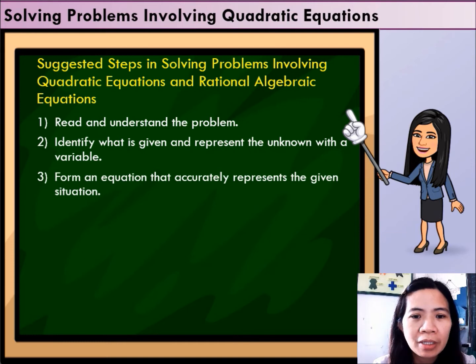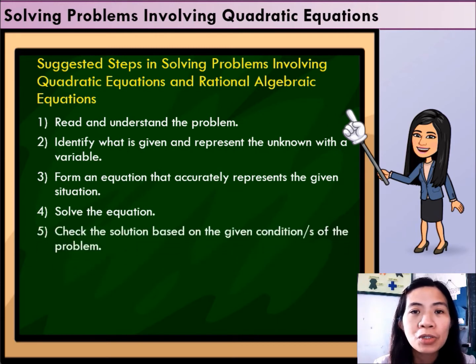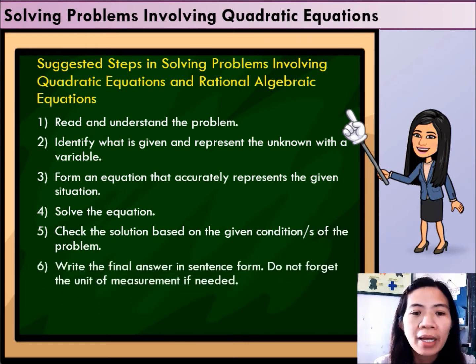Third, form an equation that accurately represents the given situation. Fourth, solve the equation. Fifth, check the solution based on the given conditions of the problem. And sixth, write the final answer in sentence form. Do not forget the unit of measurement if needed. Okay, so remember these 6 steps on how you solve problems.